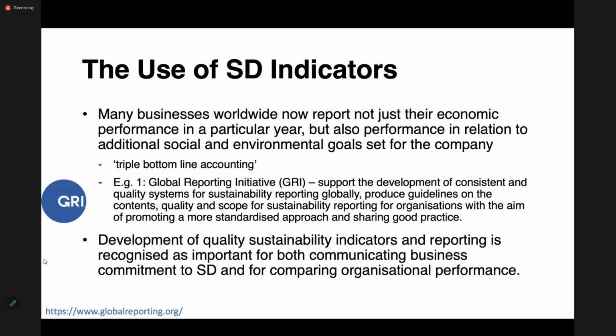So these indicators are commonly used when we discuss implementing sustainable development. For instance, today many businesses around the world use something called triple bottom line accounting or the Global Reporting Initiative, GRI, to report not just on their economic performance in a particular year, but also their performance in relation to social and environmental goals.